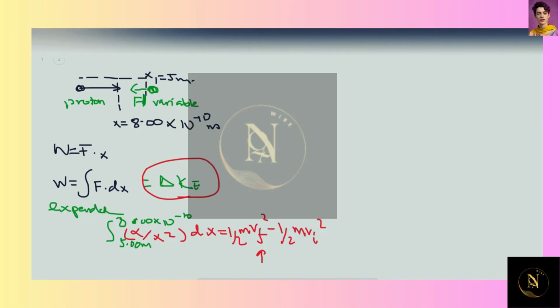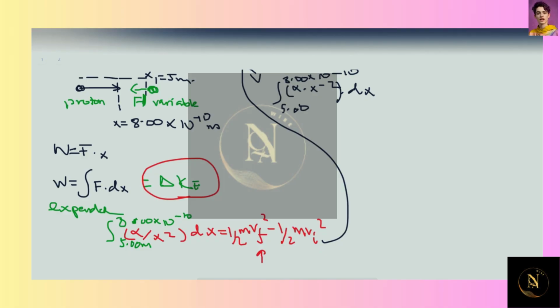And so if we go back here, we can do our integration. It becomes alpha times x to the negative 2, with limits 5.00 to 8.00 times 10 to the negative 10, times dx.